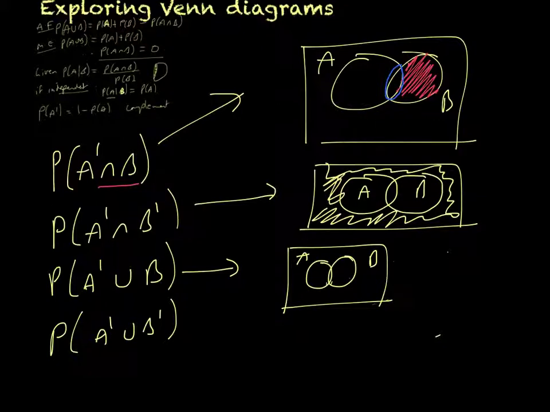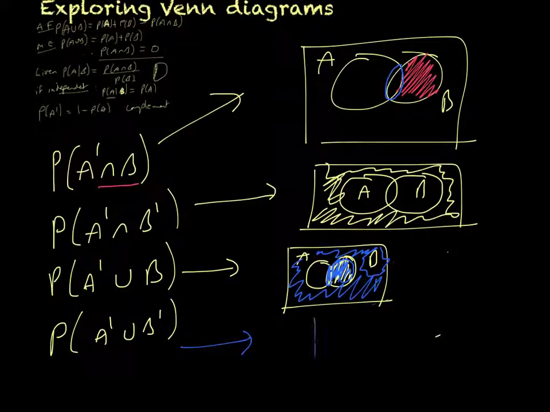So not A or B. Therefore, everything that can be shaded is everything but that A section, so we are including the intersection here, we are including everything in B, and we are including everything outside of B, because we're saying not A or B can happen.